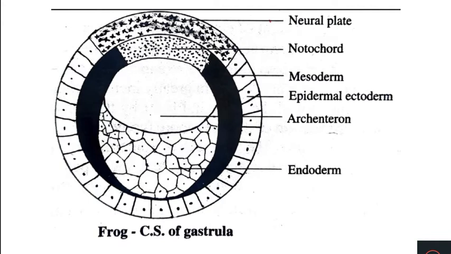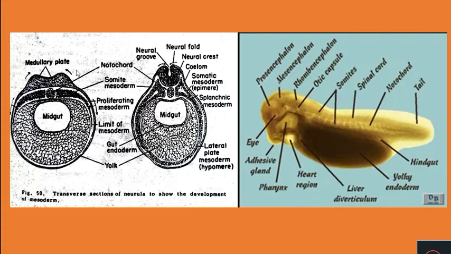So when the notochord separates from this mesoderm and forms a distinct notochordal rod, this endoderm will grow over from the sides and forms the new roof for the archenteron. So here you can see the endoderm on either side has grown over. From this side also the endoderm has grown over, and it has formed a roof for this archenteron or midgut just below the notochord. So this is how notochord formation takes place.